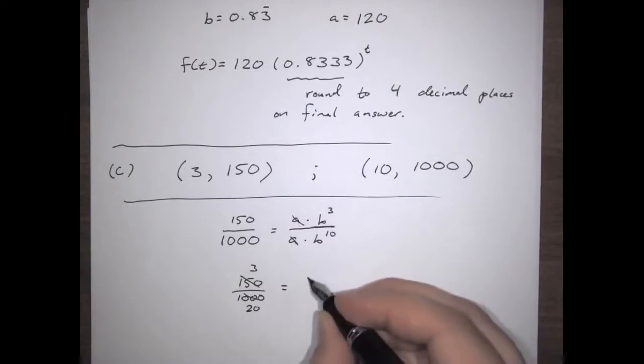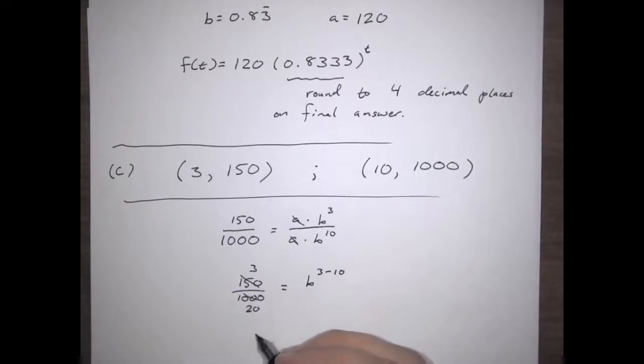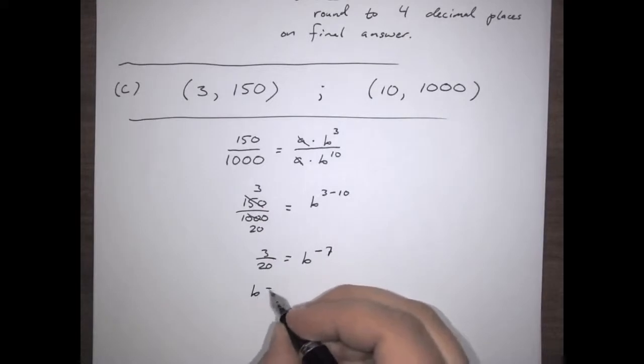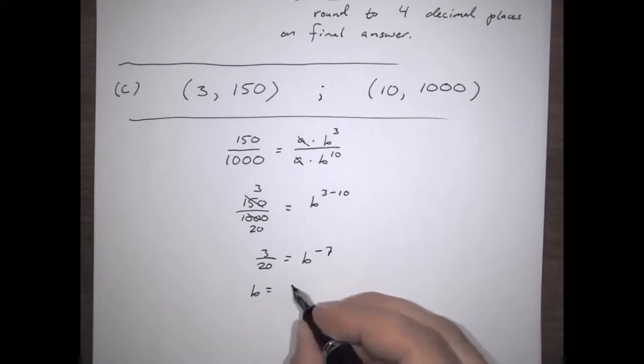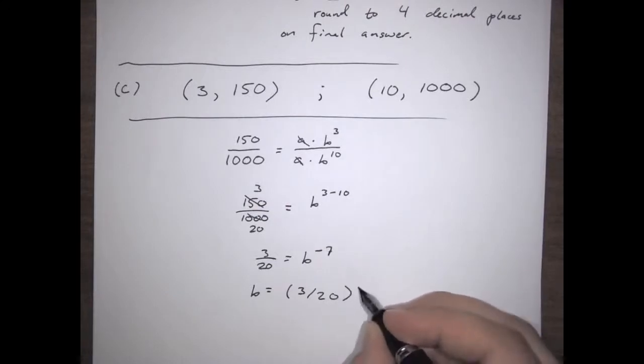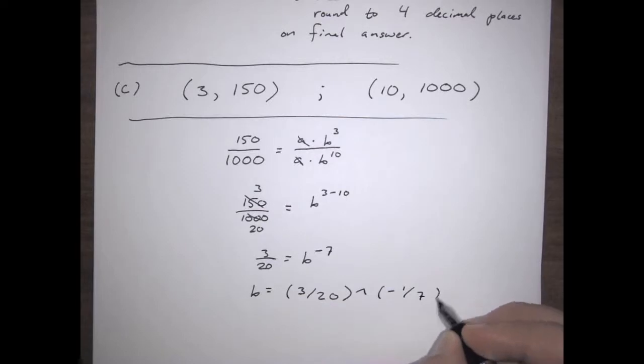Over here it's going to be b to the 3 minus 10. So in other words, we have 3 over 20 is equal to b to the negative 7th. And so then b is going to be 3 divided by 20 to the power of negative 1 over 7.